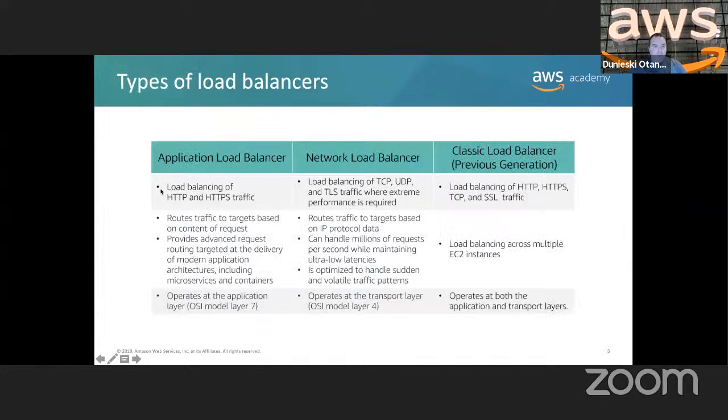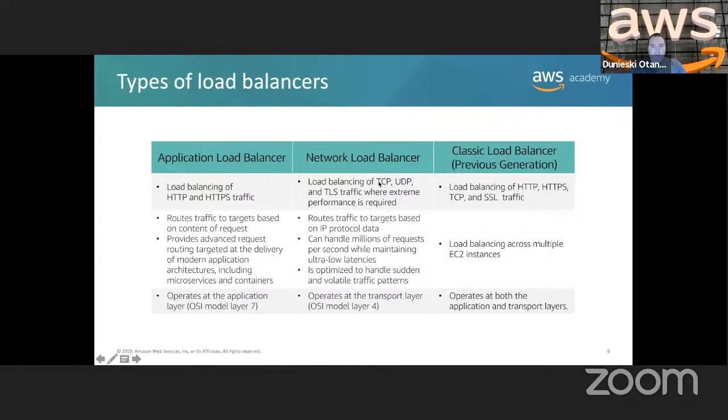Types of elastic load balancer: we have the application one, we have the network load balancer, and we have the classic, which is the previous generation. But AWS decided to have independent ones called application and then network. The application one works with the application layer that has the traffic in HTTP, HTTPS. This one works with TCP and UDP, transmission control protocol and user datagram protocol.